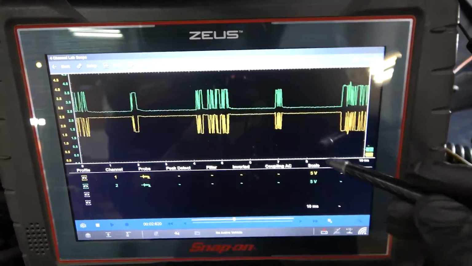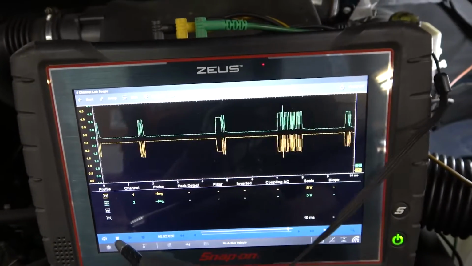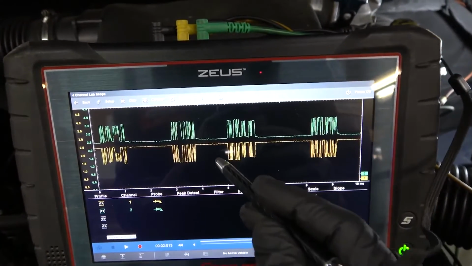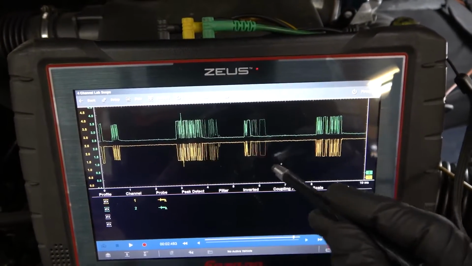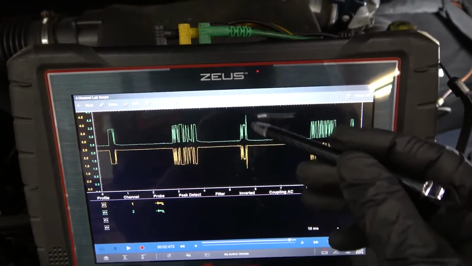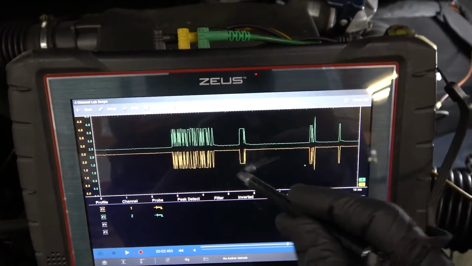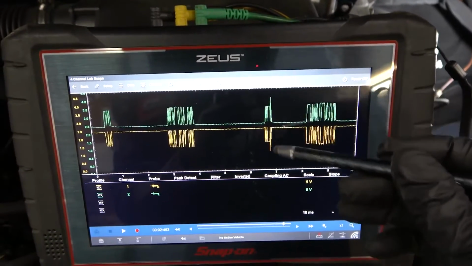Look how nice and clean these packets are. Okay, look at this. So our communication waveform looks good. Look at this nice acknowledgement spike over here.